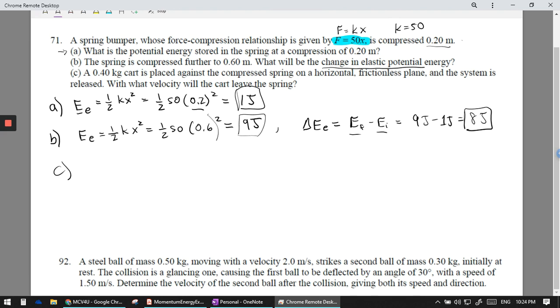Okay, so now in part C, it currently has 9 joules of energy stored in it, right? And so we're basically looking at the idea that energy is now going to be converted into kinetic energy. And so we're looking at the law of conservation of energy. So the elastic energy gets converted into kinetic.